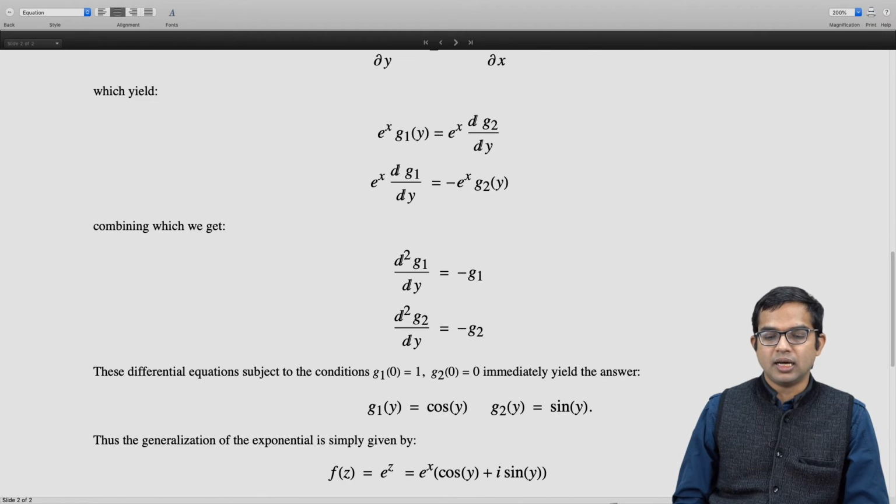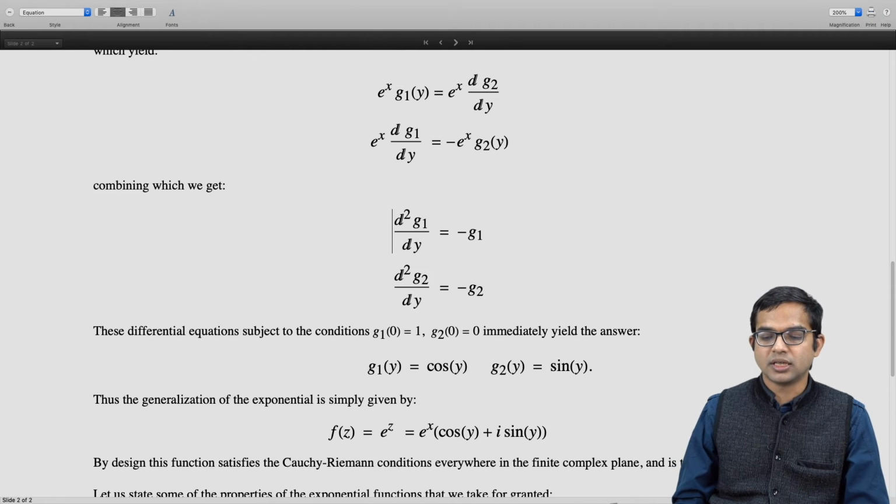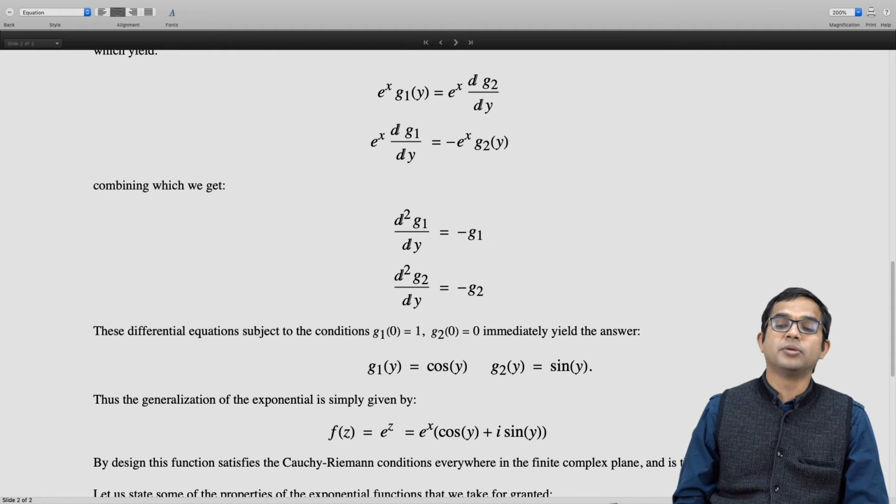Therefore, a natural generalization for the exponential as we go from the exponential of a real number to the exponential of a complex number is to say e to the z is e to the x times cosine of y plus i times sine of y. Now if you put x equal to 0, this immediately gives us the Euler formula: in place of e to the z you have e to the iy, and this is cos y plus i sin y.